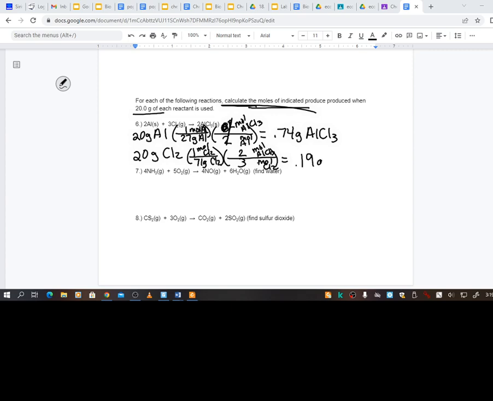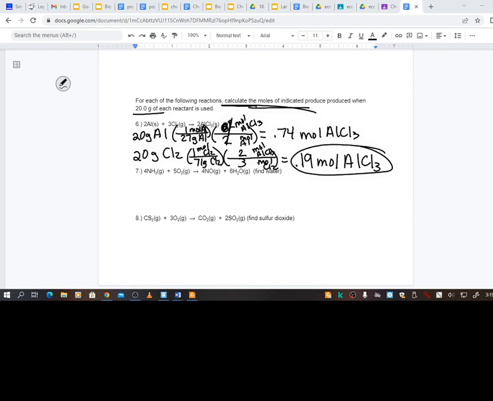I'm putting moles, or grams, I'm sorry guys, this is moles. And this one's 0.19 moles. That is how much I make. I'm making the least amount because once I make 0.19 moles, my chlorine runs out and my reaction stops.